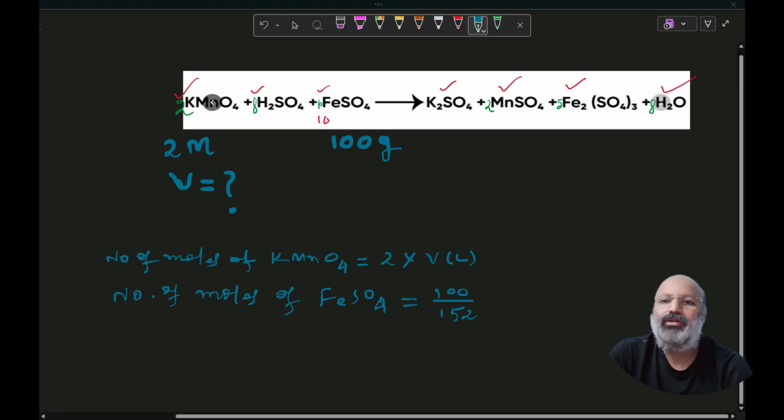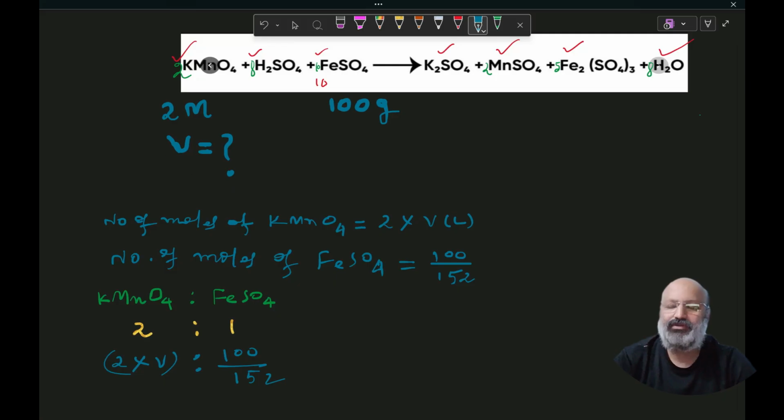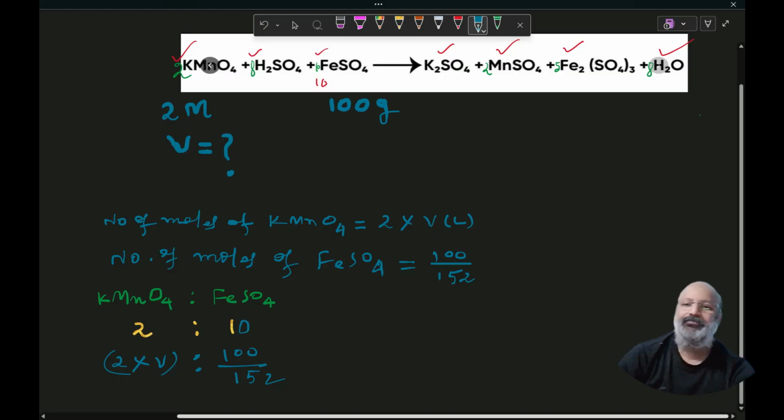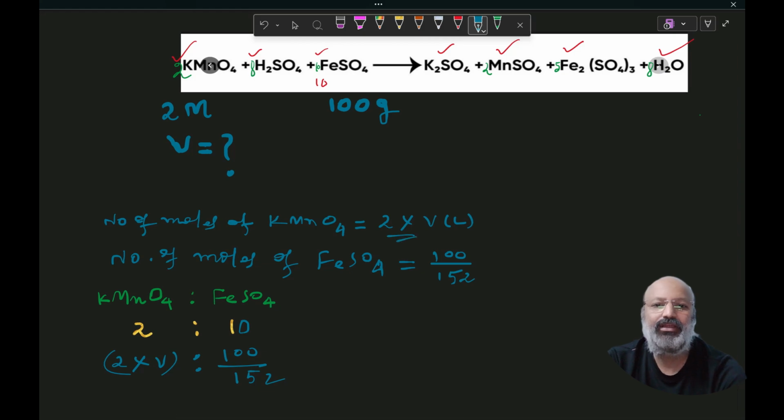Now, how to calculate the exact volume? Let me show you. First, I have just taken the molar ratio of KMnO4 and FeSO4. It is actually coming out to be 2 is to 10. After that, I have written down the number of moles here and the number of moles here, so they should be in the same molar ratio.